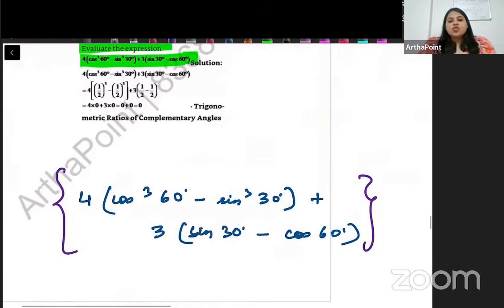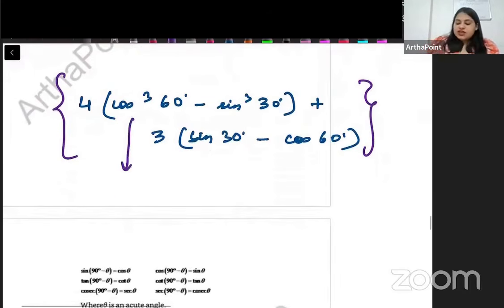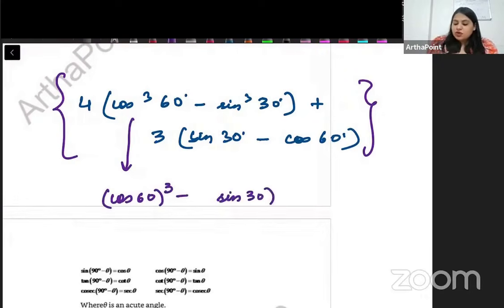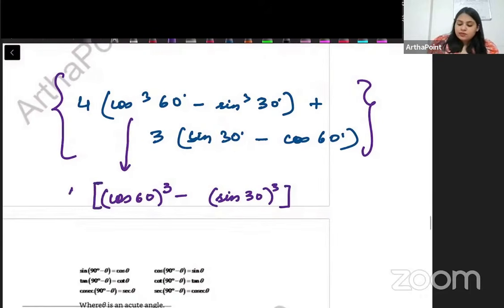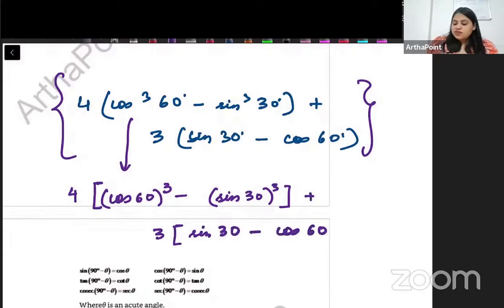So what you can do is, beta, cos cube 60 degree means cos 60 whole cube, sine cube 30 degree means sine 30 whole cube, into 4, plus 3 sine 30 minus cos 60.